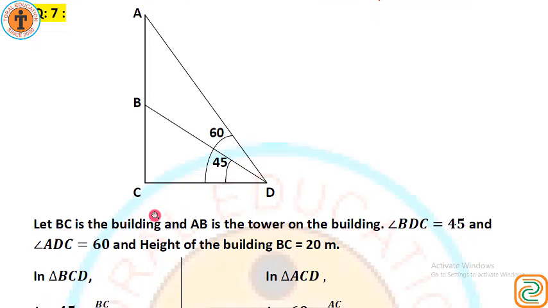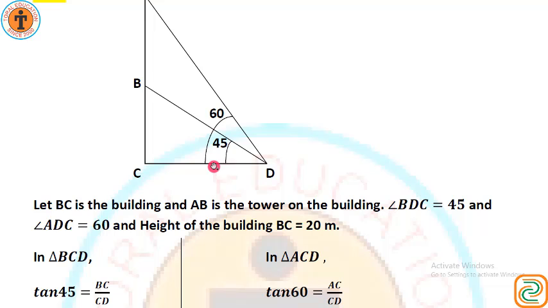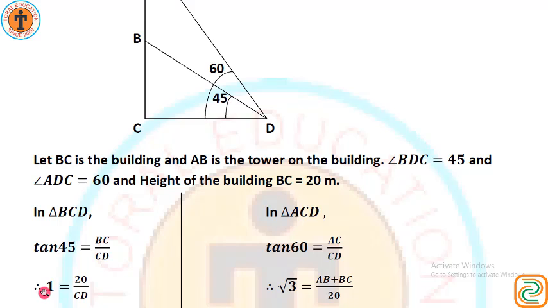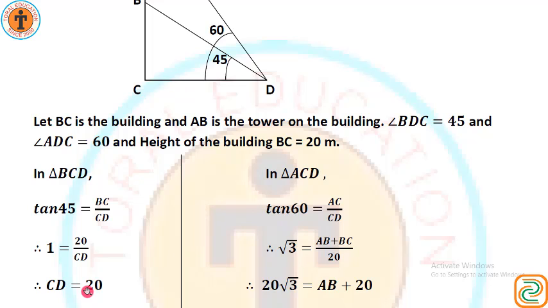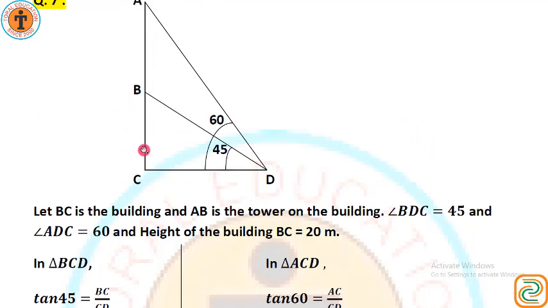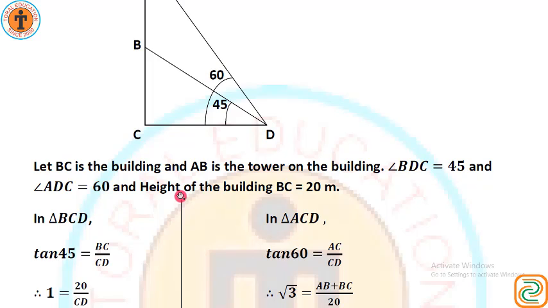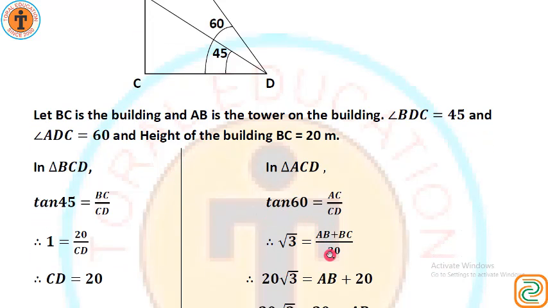Again we take tan 45, which equals BC upon CD. So 1 equals 20 upon CD. Therefore CD equals 20. Now in another triangle ACD, tan 60 equals AC upon CD. Tan 60 is root 3. AC means AB plus BC, upon 20.